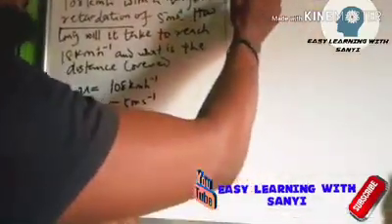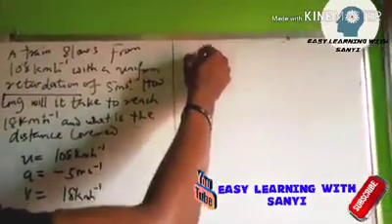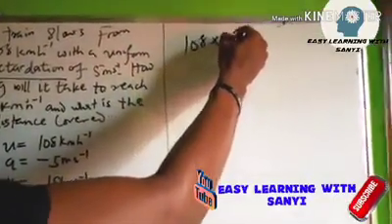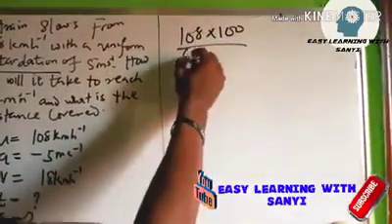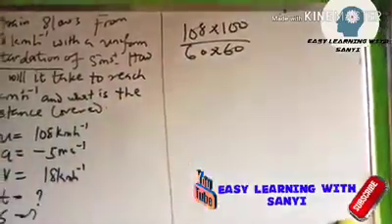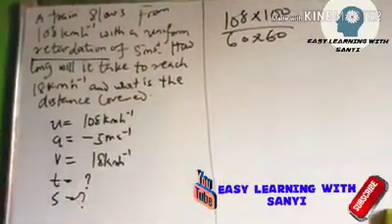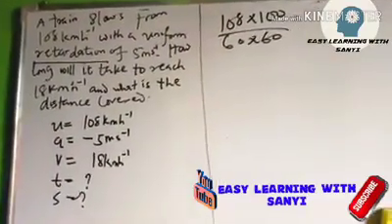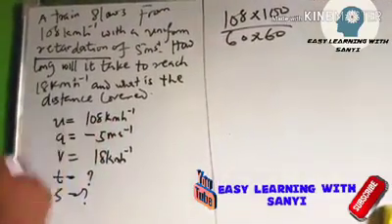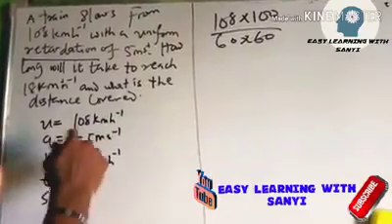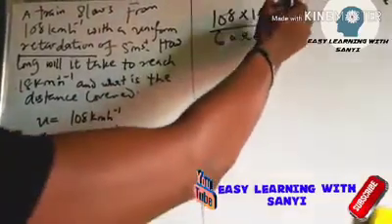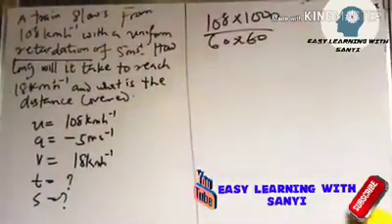How do you do that? You do 108 times 1000 over 60 times 60. That's how to convert from kilometer per hour to meter per second. 60 seconds make 1 minute, 60 minutes make 1 hour. So that's how to do it.